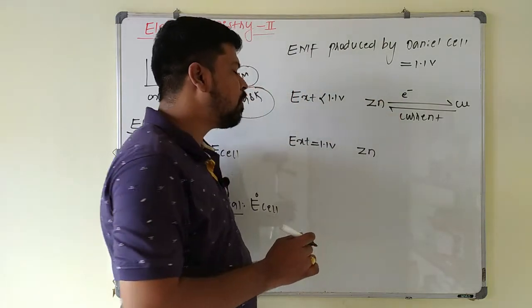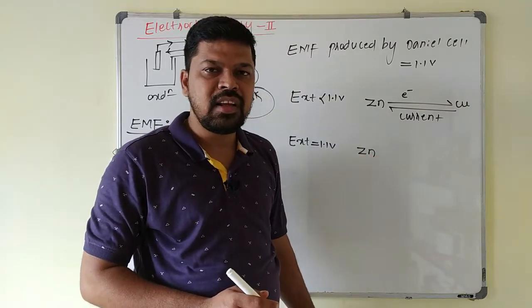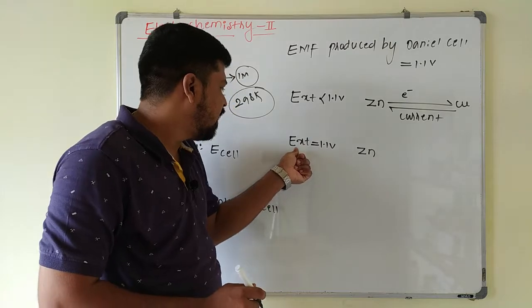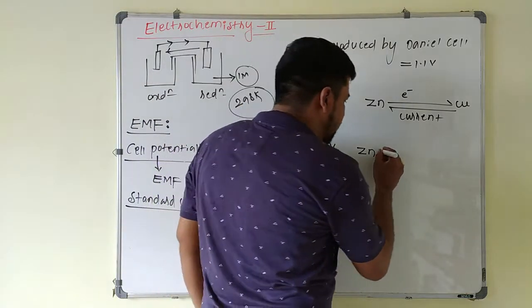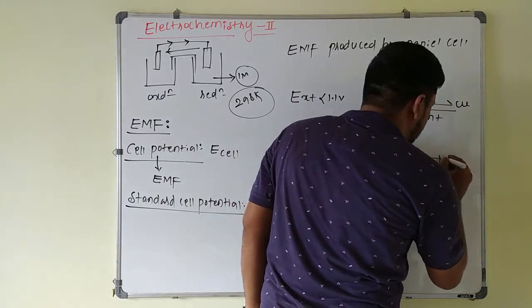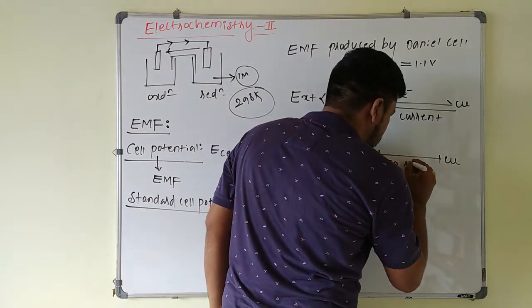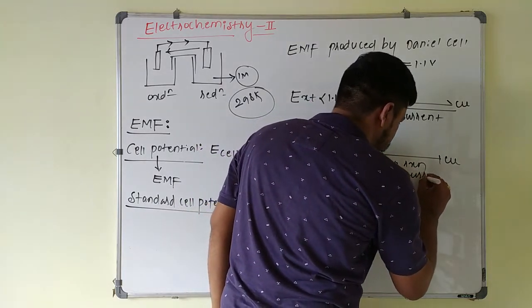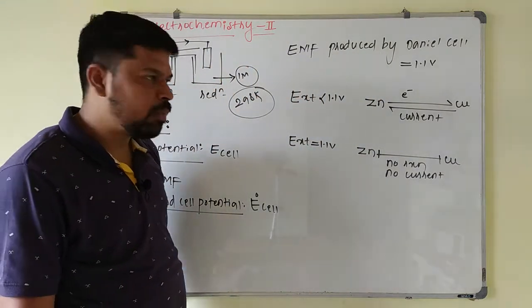In the above case, oxidation is taking place at the zinc and reduction at the copper, so a reaction is taking place. Whenever the applied external potential is equal to 1.1 volt, no reaction takes place and there is no flow of electrons from zinc to copper. No reaction, no current.